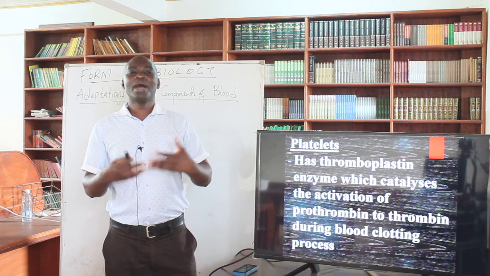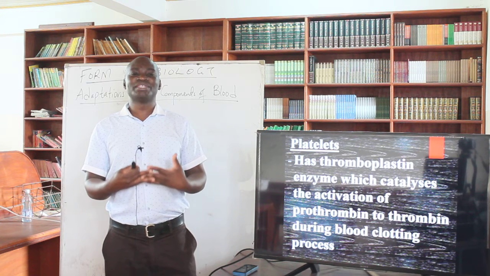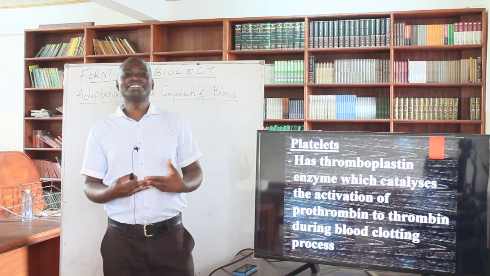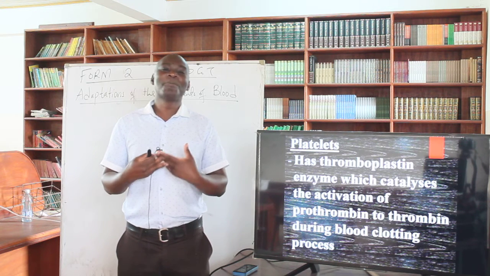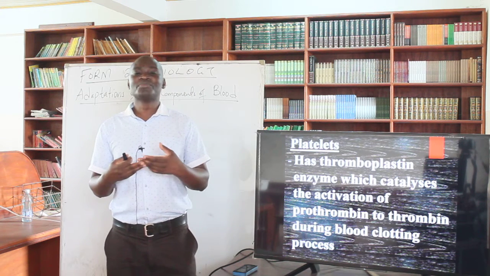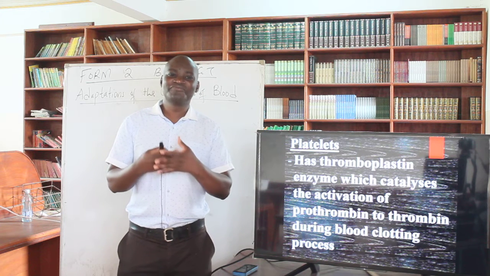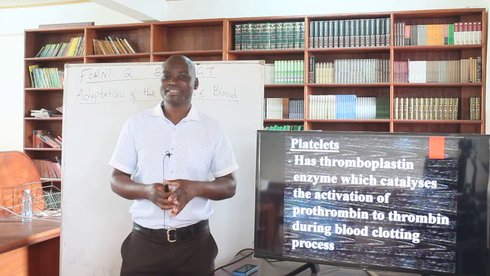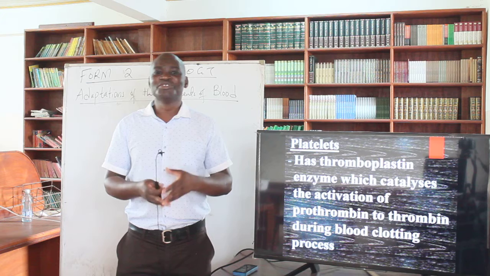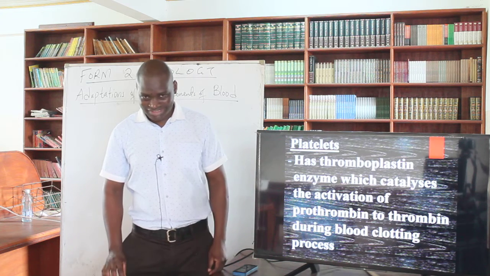So, how are the platelets suited for their function? The platelets have thromboplastin, what we call thrombokinase enzyme, which catalyzes the activation of prothrombin to thrombin during the blood clotting process.